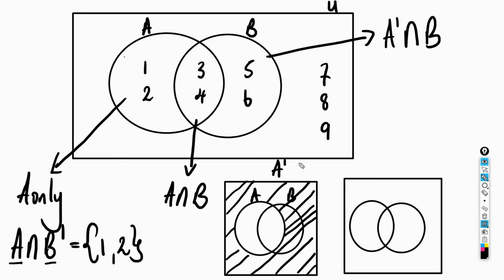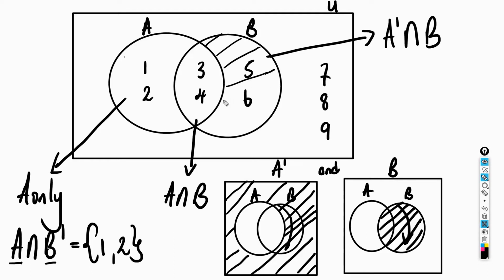And for the second one, A prime and B, B would be all the region that's in B. So if we want to find A prime and B, we're going to end up with this region here because when you look at the shaded region, the only one common to A prime and B is this crescent here. So A prime and B is equal to this region here, just the 5 and the 6.